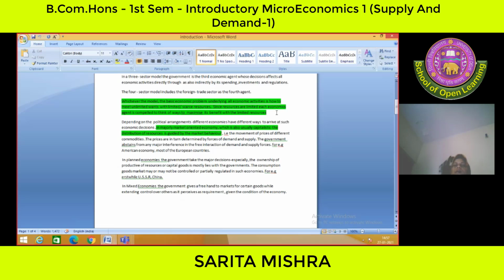We will first start with a market-oriented economy. Now, what happens in a market-oriented economy is that the distribution of resources is guided by the market behavior. Now, what do you understand by market behavior? Market behavior simply means the movement of prices of different commodities, and not just commodities, but also factors of production. Because usually commodities gives you the impression of only the consumption goods, or the goods and services meant for final consumption.